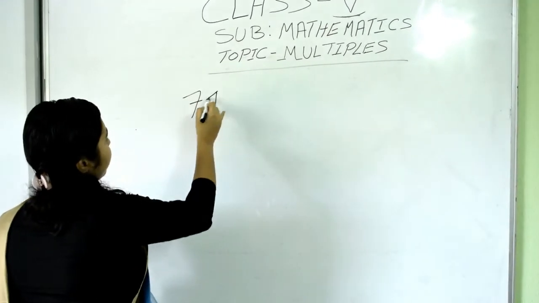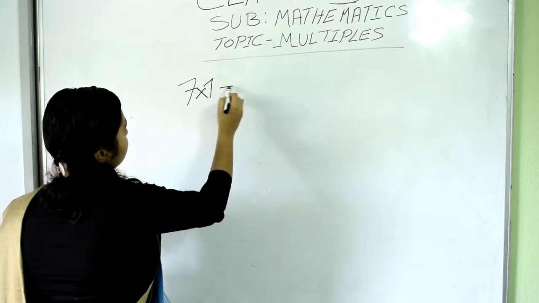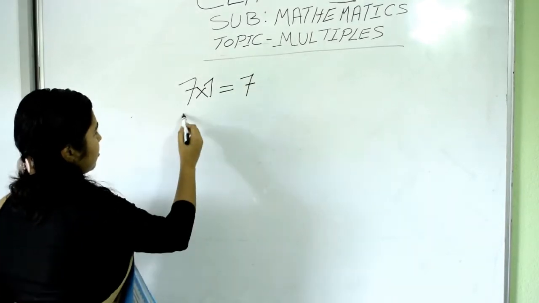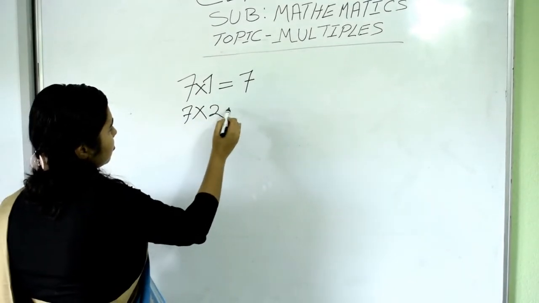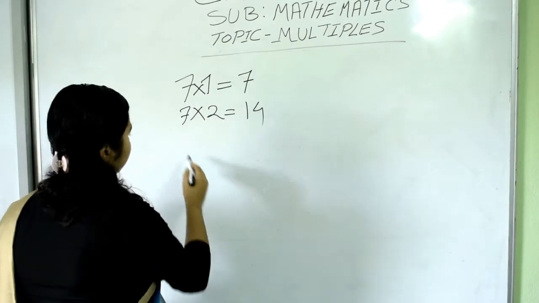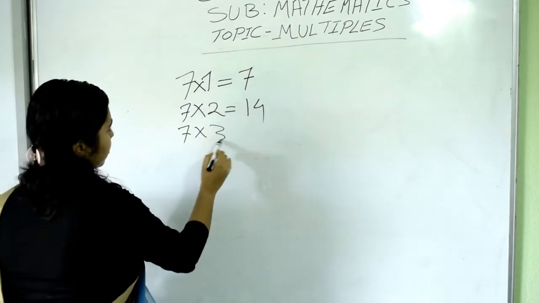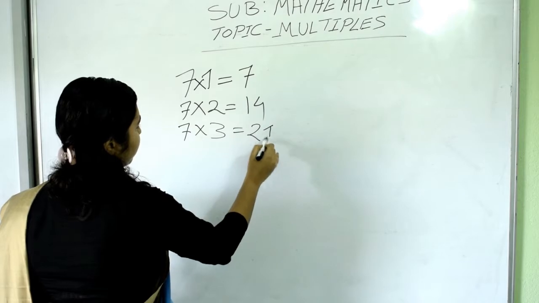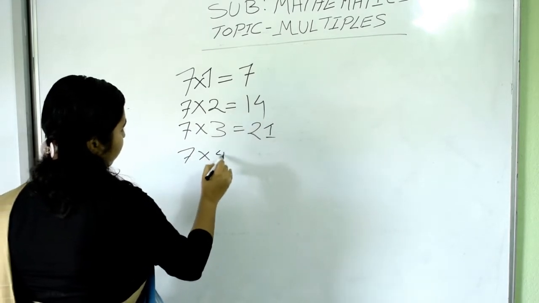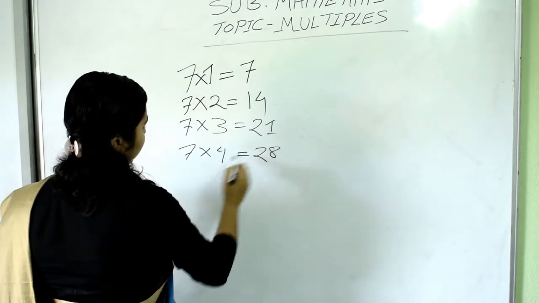We know that 7 into 1 equals 7. 7 into 2 equals 14. 7 into 3 equals 21. 7 into 4 equals 28, and so on.